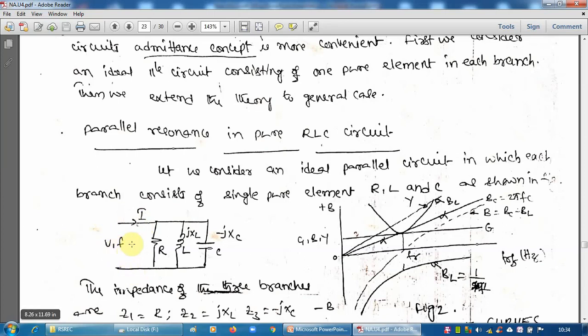If this frequency is varied, and if we examine the variation of the resistance value, XL value and XC value, the variation will be like this. Same thing we have seen for the series circuit also.